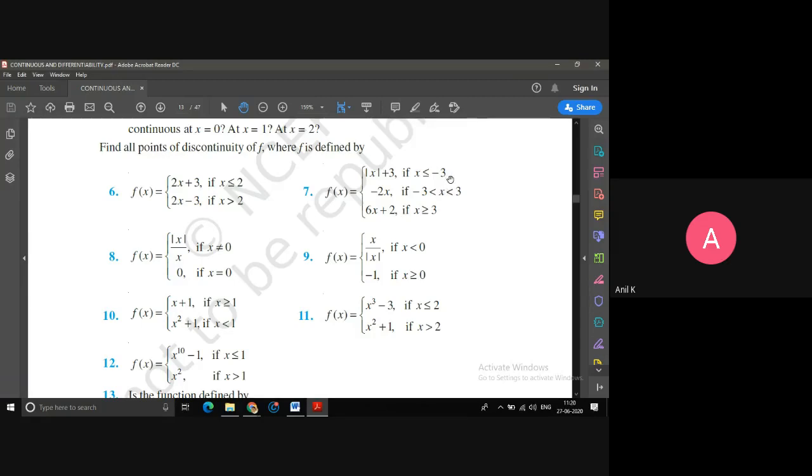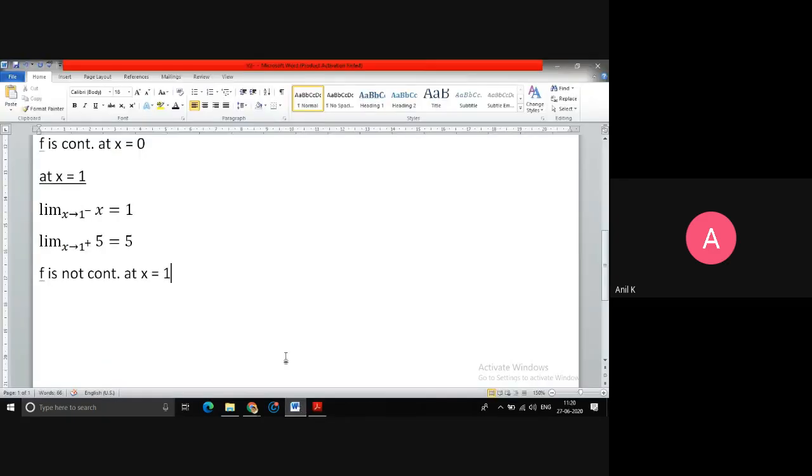So here I am going to discuss the continuity of the function at x equals to minus 3 as well as at x equals to 3. Because left of minus 3 and right of minus 3, both the functions are given. Similarly, left of plus 3 and right of plus 3, here also both the functions are given. So I can discuss the continuity of the function at x equals to minus 3 and at x equals to 3. So let me write the question here. This is the seventh question. So we'll solve it now.